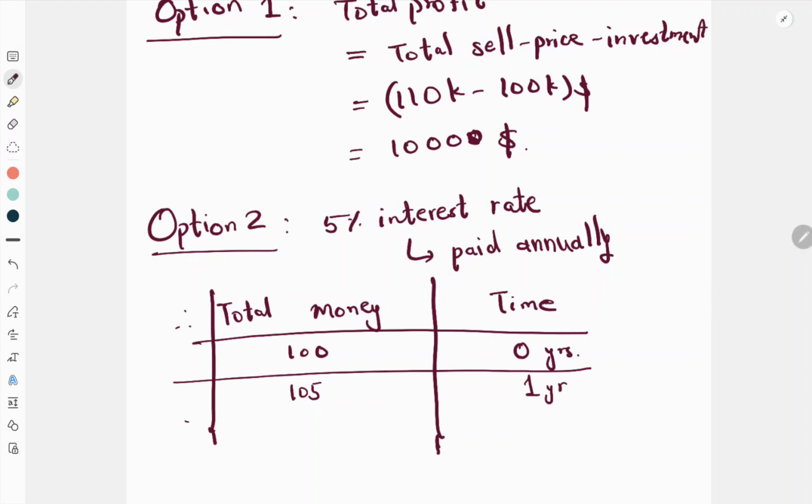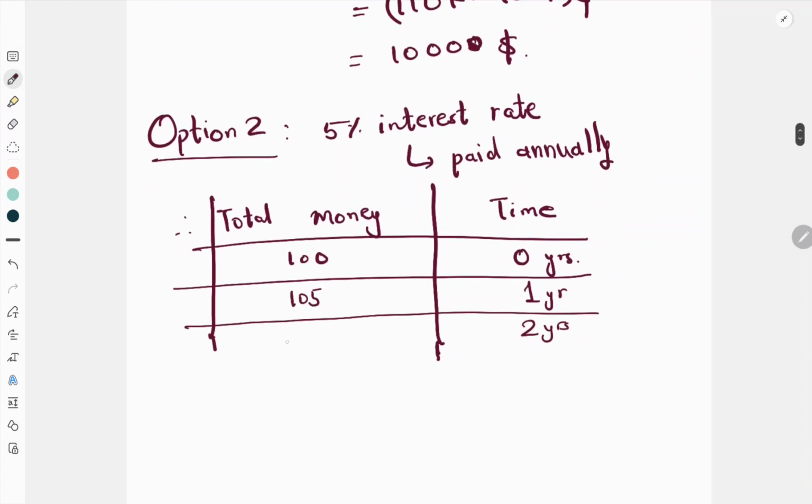so that is 105. And at the end of 2 years, now this is somewhat tricky. It is going to be 100 times 1.05 plus 5 times 1.05, because we got 5, in this example $5,000, worth of interest, and even that interest is now going to start accruing interest.